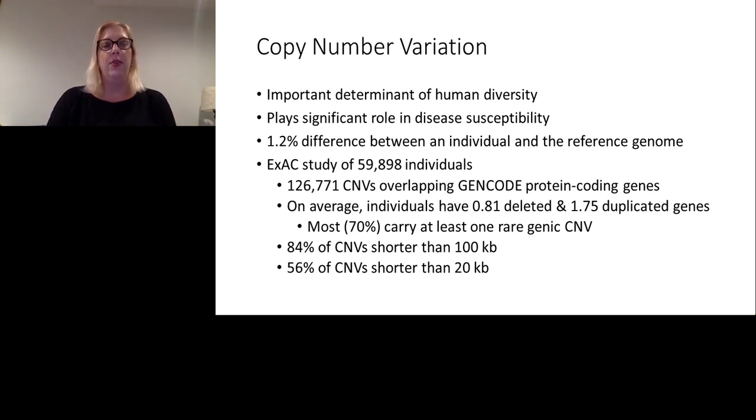On average, most individuals have about 0.8 deleted and 1.75 duplicated genes in their genome. Most individuals will carry at least one rare genetic copy number variant. Of these changes, 84% are smaller than 100 kb and 50% are shorter than 20 kb.